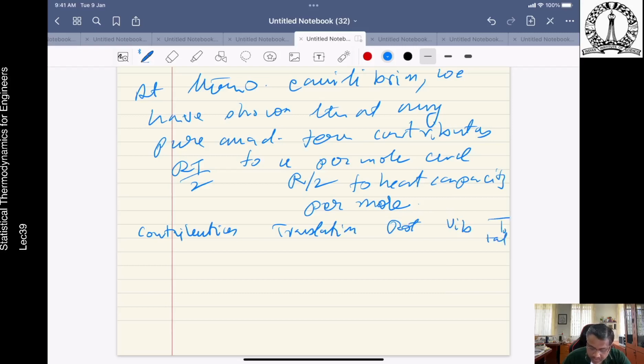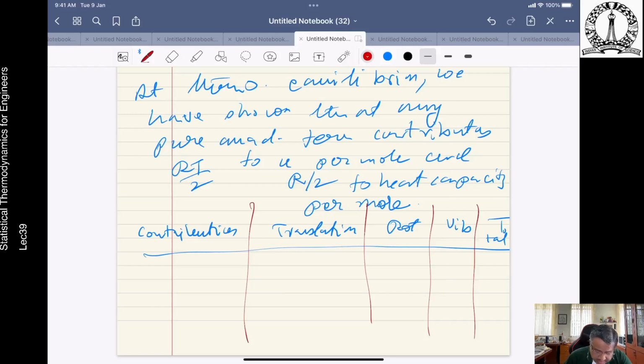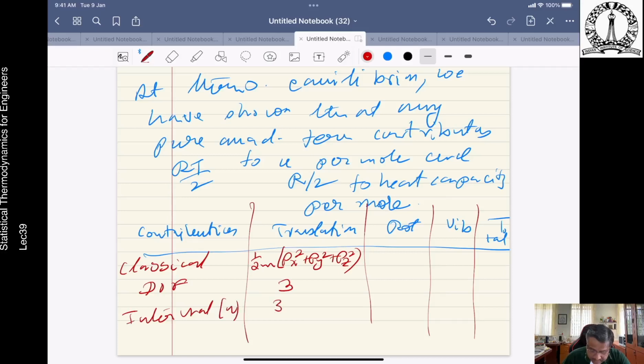The translational contribution is classical: you have 1 over 2m times (px squared plus py squared plus pz squared). The degrees of freedom is 3. Internal energy U is 3 by 2 RT, and heat capacity is CV equal to 3 by 2 R.